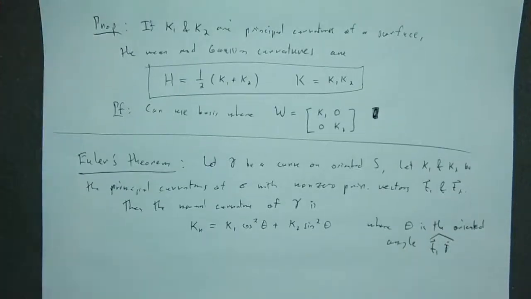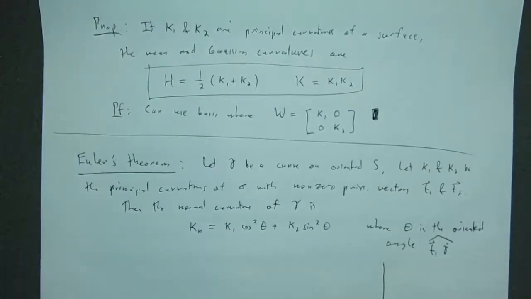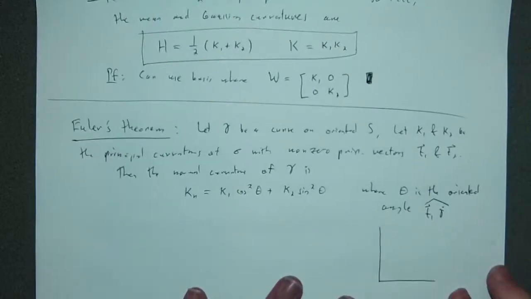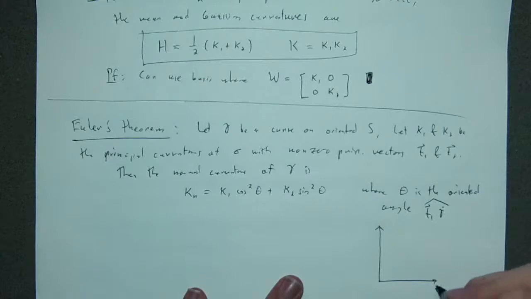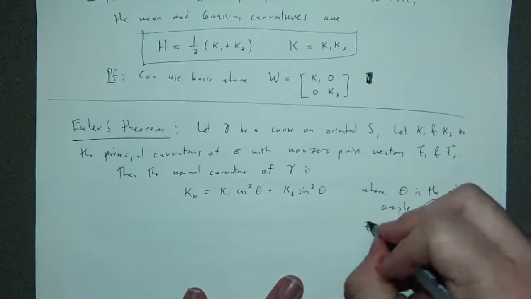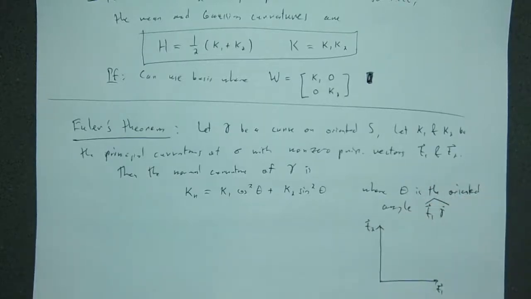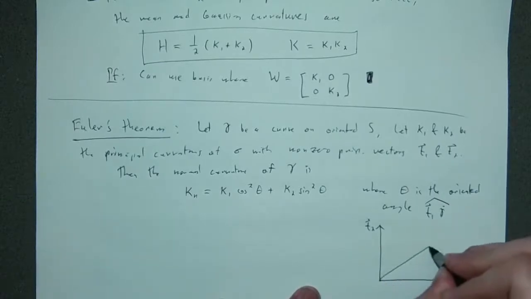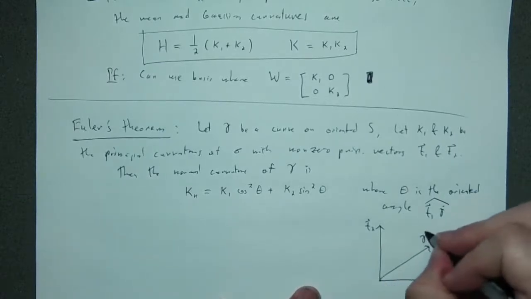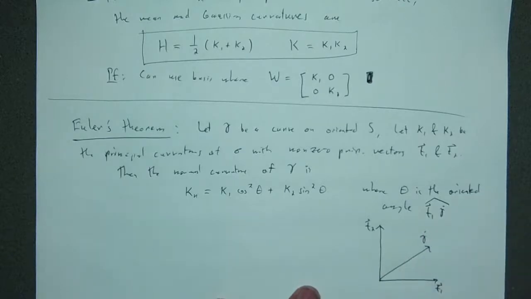So what do I mean by that? Well, locally in our tangent plane, we have orthogonal basis vectors t1, t2, our principal vectors. Gamma dot is a tangent vector in this tangent plane. There it is. The oriented angle from t sub 1 to gamma dot means measured from the positive t sub 1 axis here.